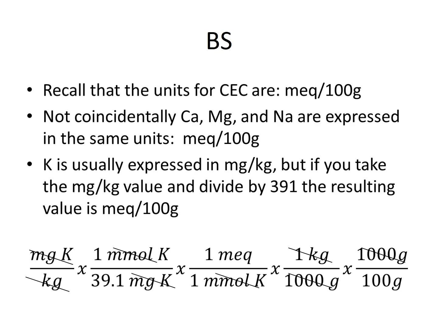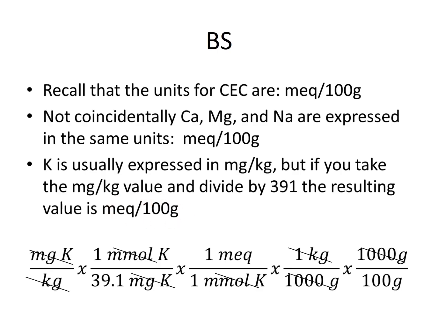But potassium is a little bit of a problem because it's usually reported in milligrams per kilogram rather than milliequivalents per 100 grams. But to make it easy, all you need to do is take the value that you get for potassium and divide it by 391, and the resulting value is then milliequivalents per 100 grams.